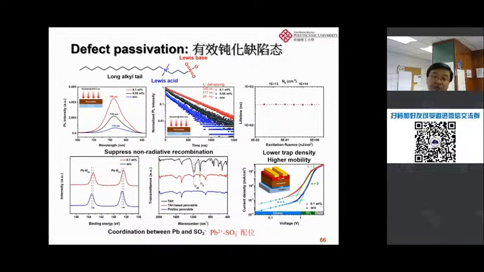So that indicates that when we add it, we get fewer traps there. Okay. In short, all the evidence here, including the FTIR, tells us there is lead and SO3 coordination. Okay.